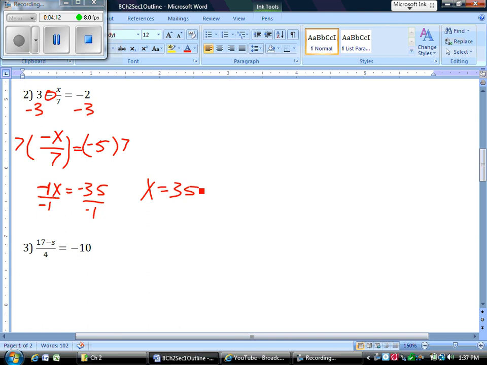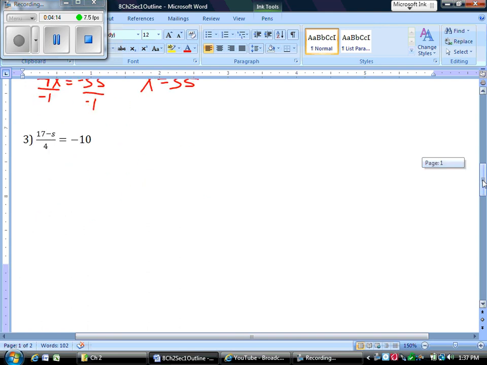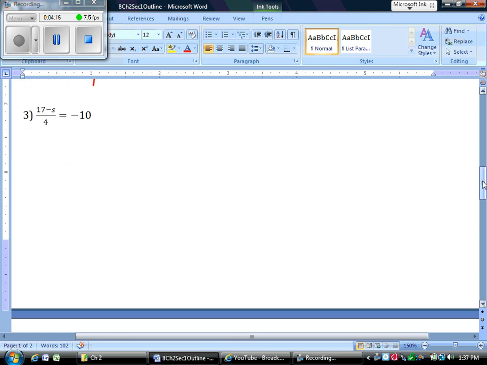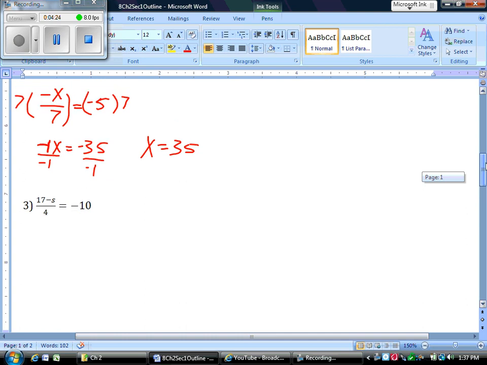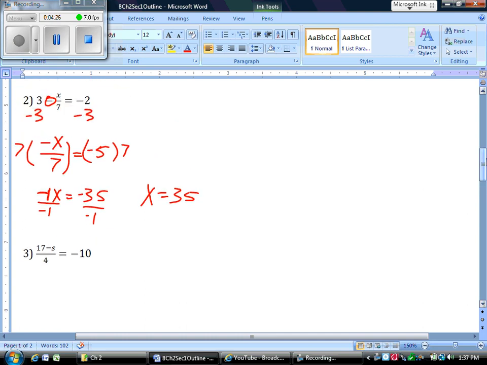Okay? And the last review example that we have, 17 minus s divided by 4 equals negative 10. Now this is a little bit of a different example. Let me scroll back up here for a second to see number 2. We're going to start differently in number 3. Notice how in 2 this 7 is only underneath the x.